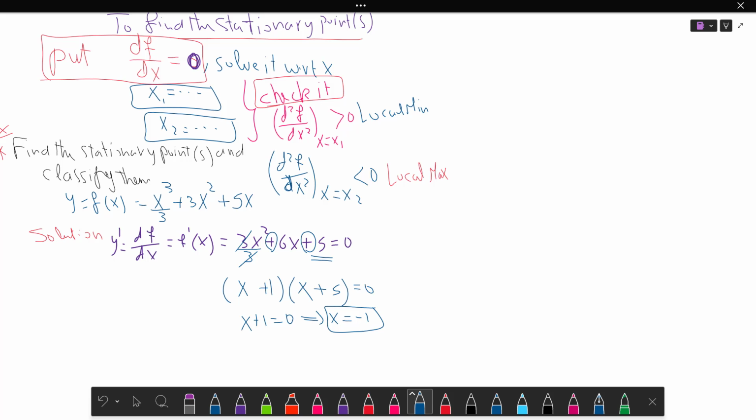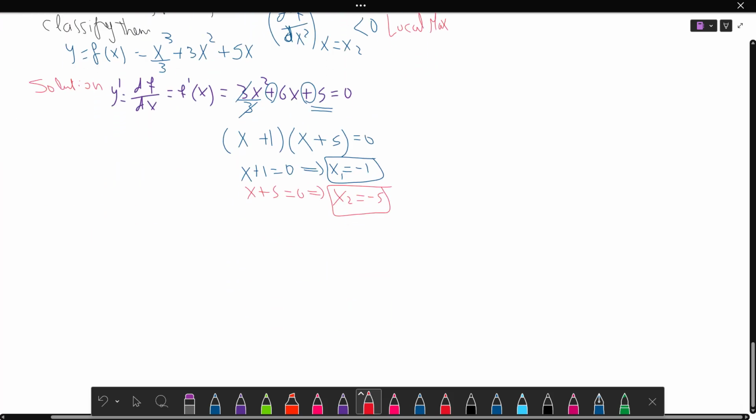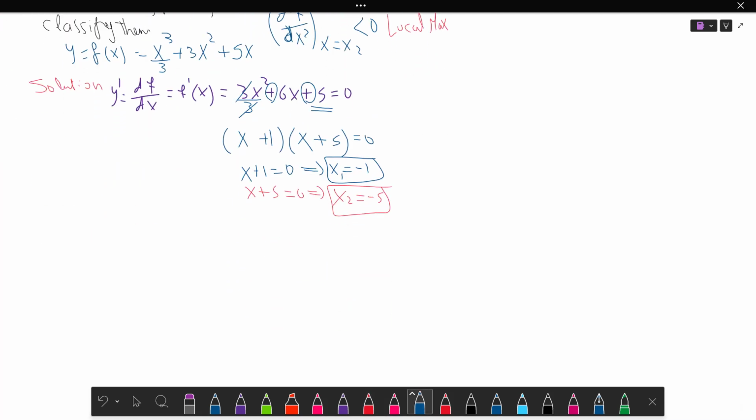This is my first one, x1 I call it, right? The second one, x plus 5 equal to 0. Yep, x2 will be negative 5. How to check them? I have to find the second derivative, right? So to check, find what? d square f by dx square.